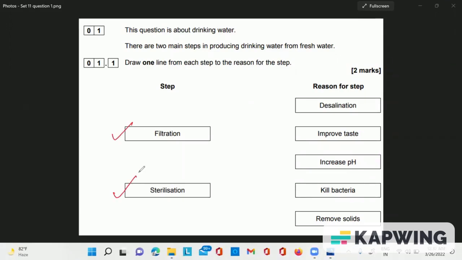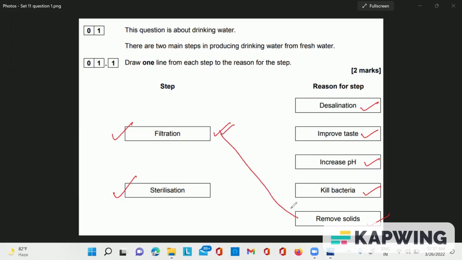So how do they help? Let's first read the reasons. On the right hand side, we have the reasons: desalination, improve taste, increase pH, kill bacteria, and remove solids. So for the filtration step, the reason is removing the solids.